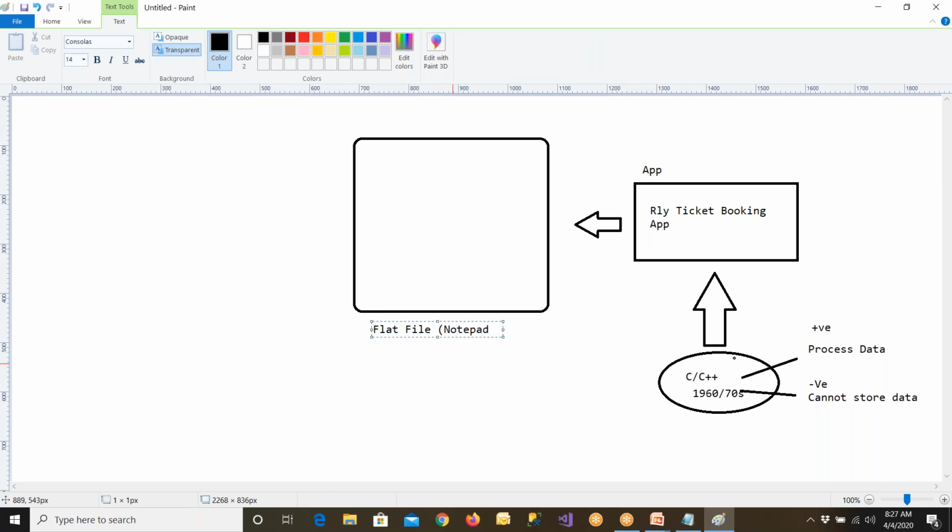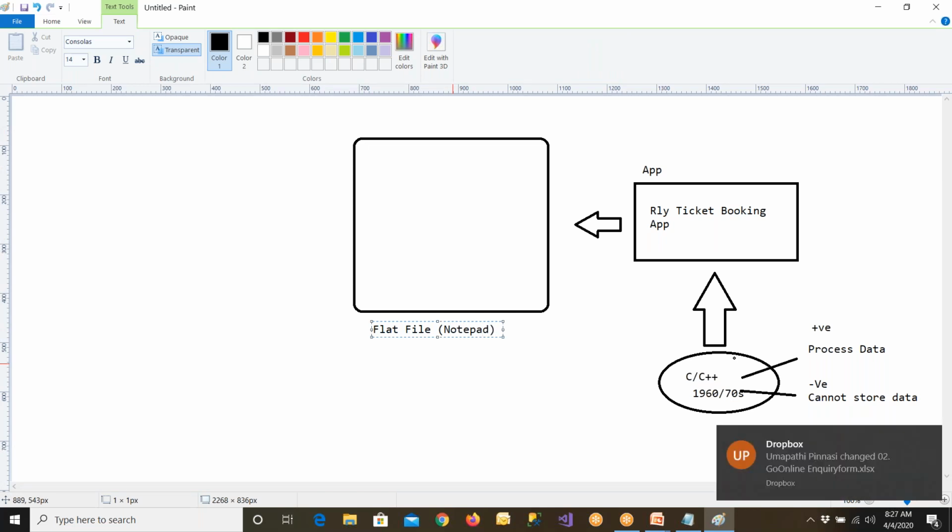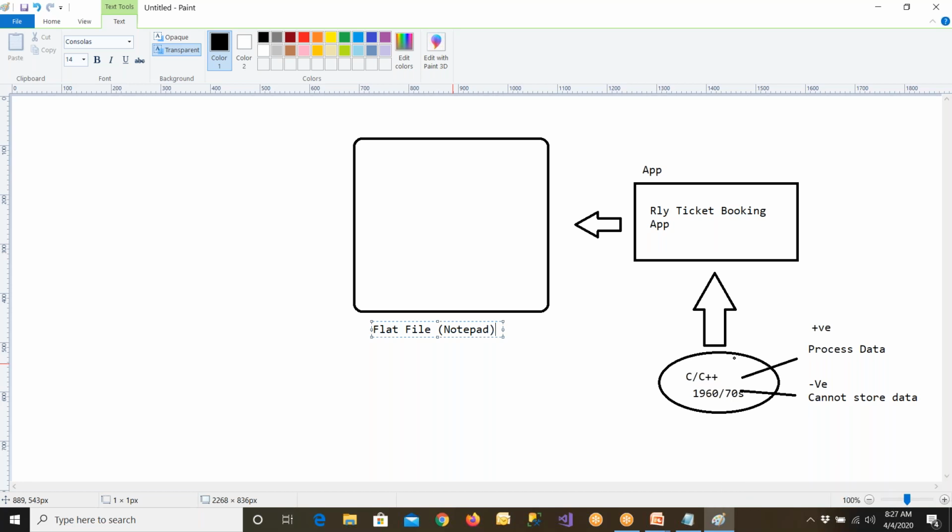Customer name, customer age, gender, from station to station, payment made, the PNR number, ticket number, seat number, a lot of information has to be stored somewhere, and that gets printed onto the paper, and the paper is given to you. Whatever is printed also needs to be stored somewhere, and we are not able to store the data as part of C or C++.